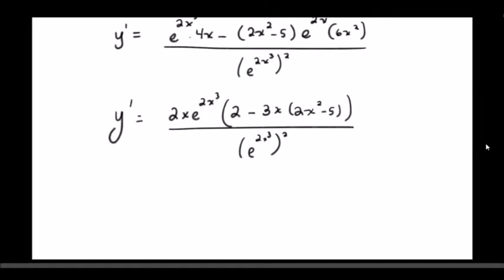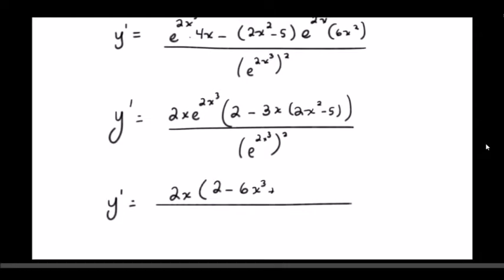That's also something that needs to be simplified. So y prime is going to be just simply 2x in front of the parenthesis. And we have 2 minus 6x cubed plus 15x over e to the 2x cubed.